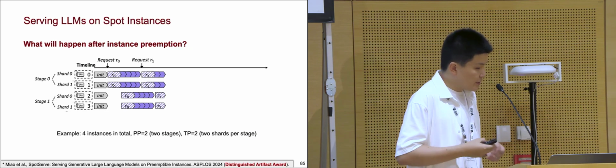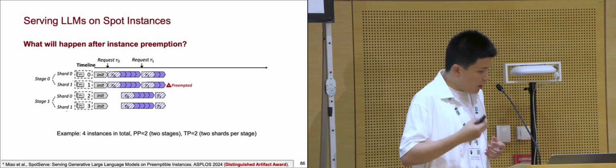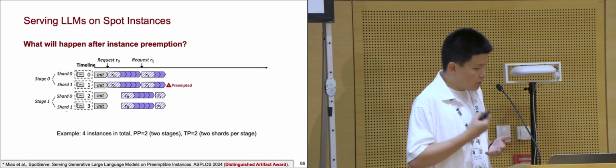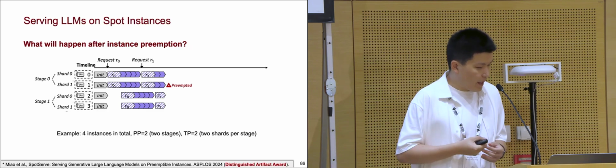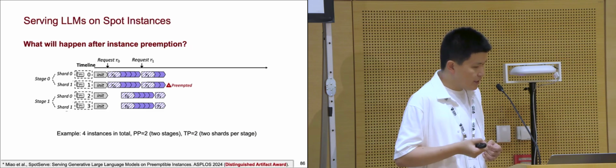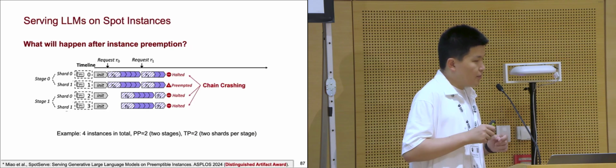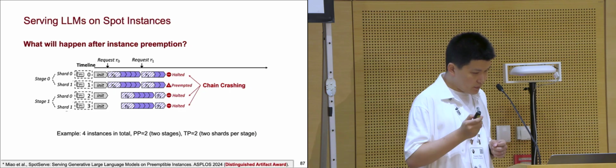And the benefit is that by introducing some optimization techniques like reparallelization and context migration, we can significantly reduce your tail latency, but also achieve a much cheaper price compared with on-demand solutions.